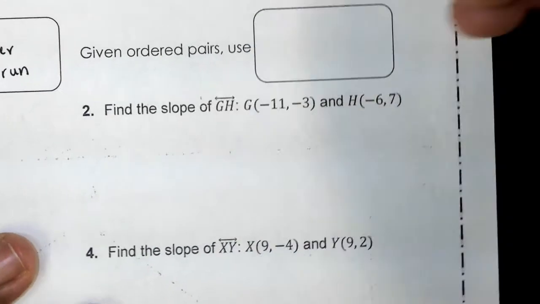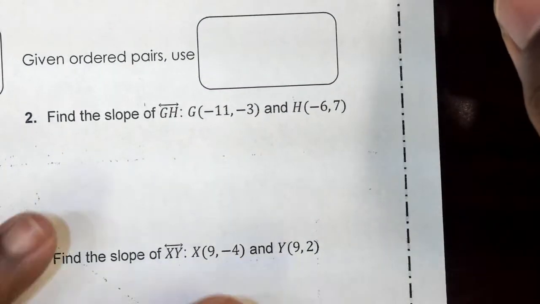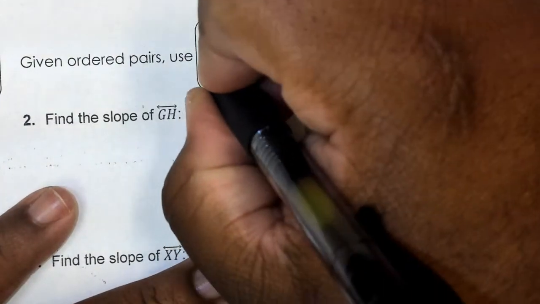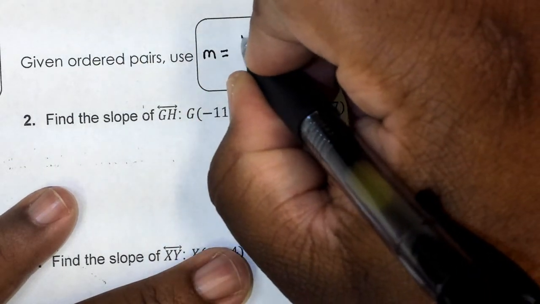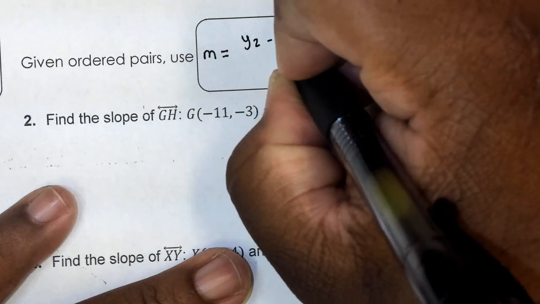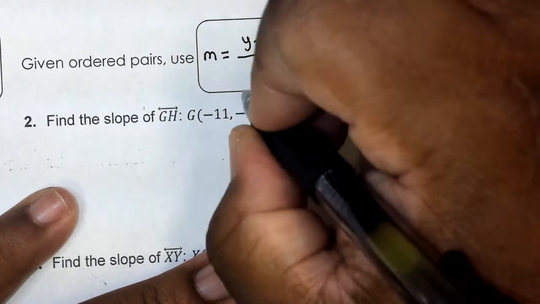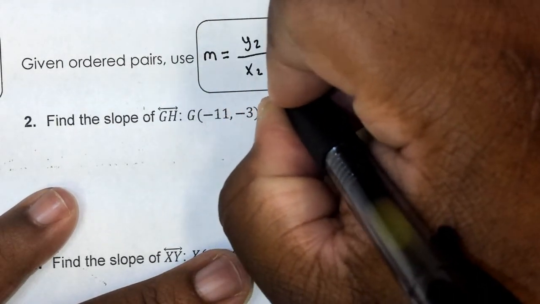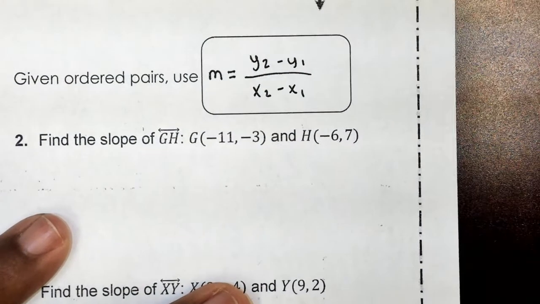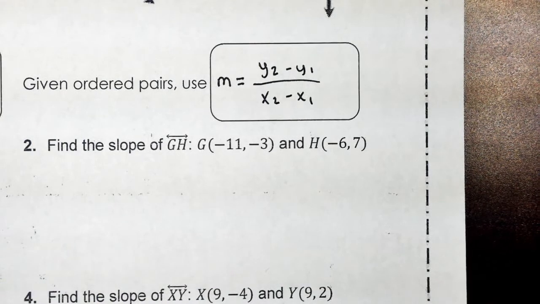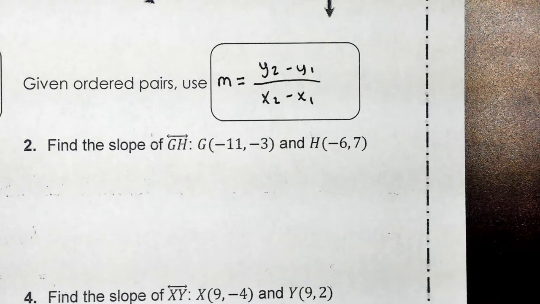Alright. Given an ordered pair, we would use m, lowercase m, equals y2 minus y1 over x2 minus x1. This is how we find slope. Change in y over change in x.